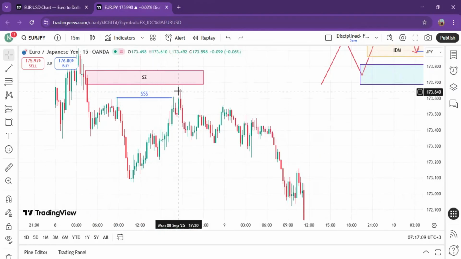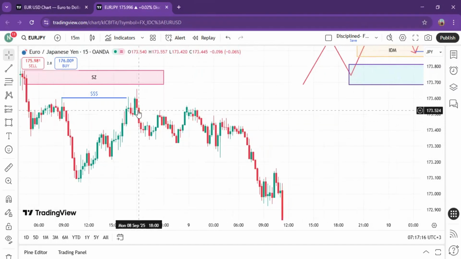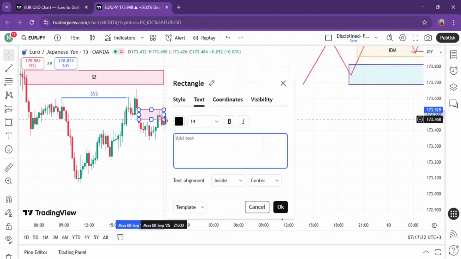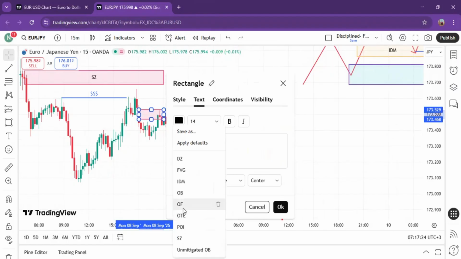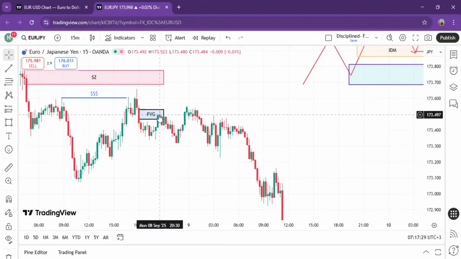So liquidity has been taken out at that point. Then the market continues moving downwards. Again, from here, you have this fair value gap, and you can see that sellers entered the market from that fair value gap from this point.